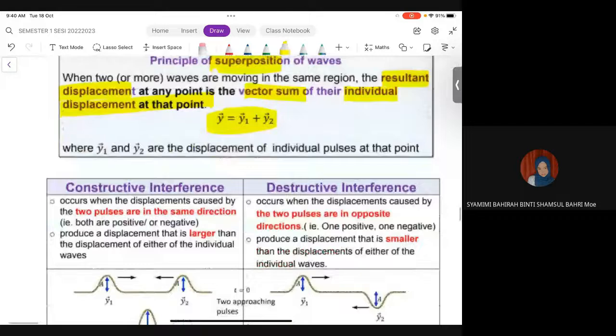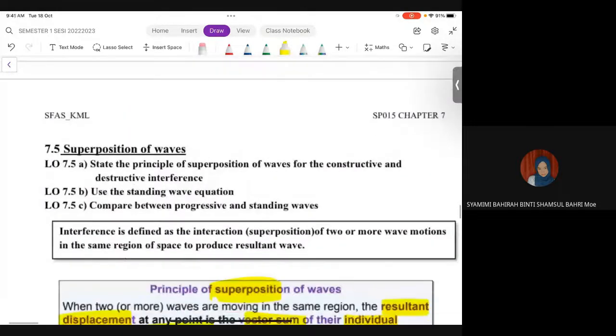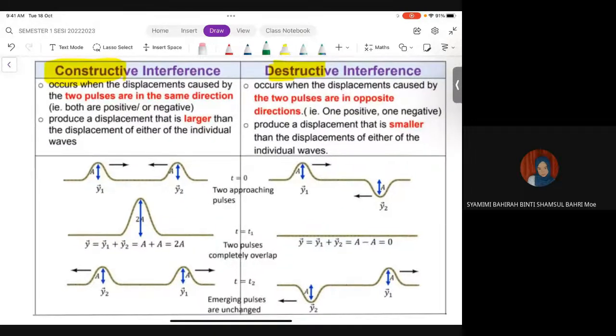Okay, there are 2 types of superposition, constructive dengan destructive. Dan dalam linear outcome only state. State keluar kat mana? Keluar dekat UPS. So tak perlulah, boleh refer notes. Okay, constructive adalah berlaku dekat mana? Constructive berlaku when there are 2 waves in the same direction and produce larger displacement. Maksudnya dia menghasilkan lagi besar.